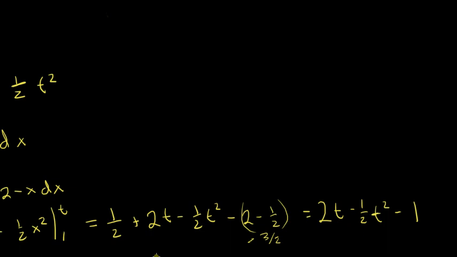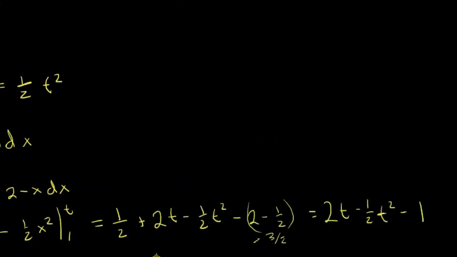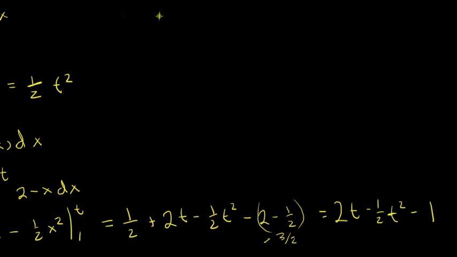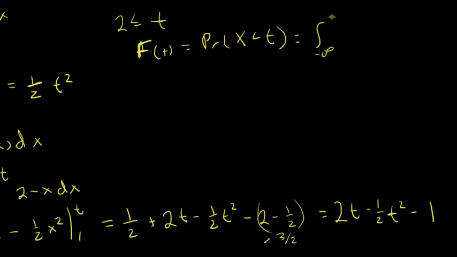So the last interval I need to consider is what if t is greater than or equal to 2. In that case, F of t would be the probability that x is less than t, which is the integral from -infinity to t of f of x dx.